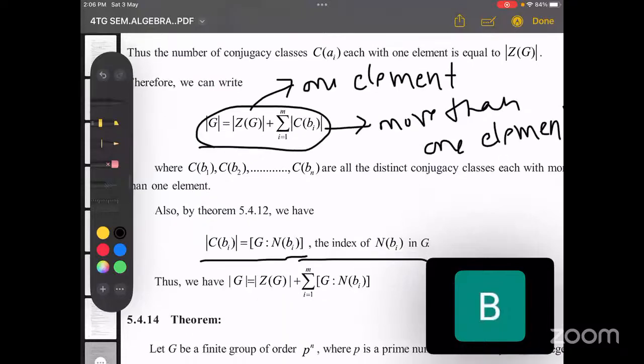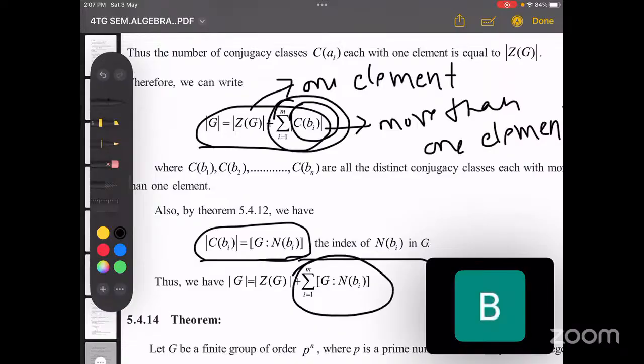Thus we have, so here wherever order of C of Bi is there, in place of that we are writing the index of N of Bi in G. So in the summation i equals 1 to m, in place of this we are writing this one.